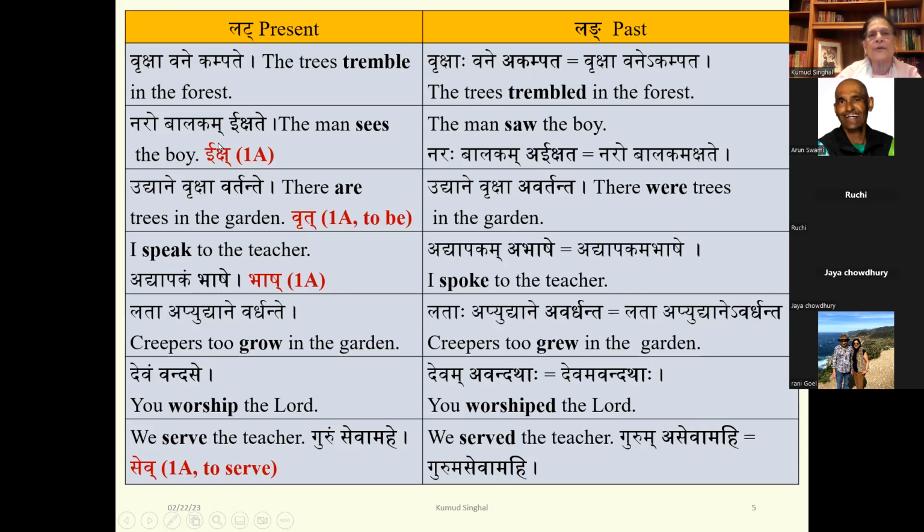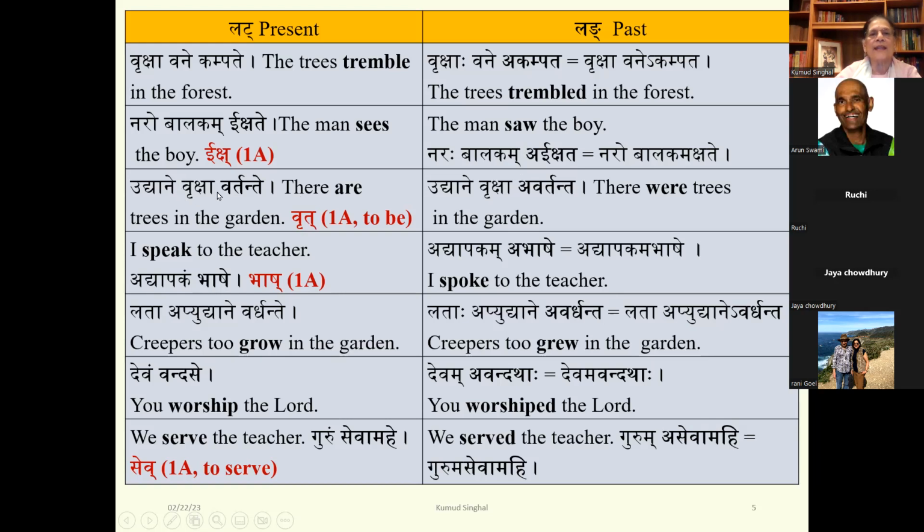Another atmanepada root is iksh, which means sees. Naro balakam ikshate: the man sees the boy. And here it will be aikshata, so again there will be a sandhi.